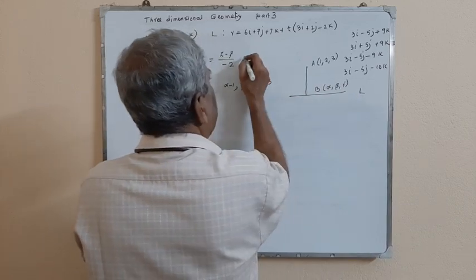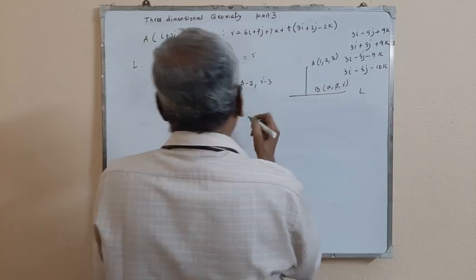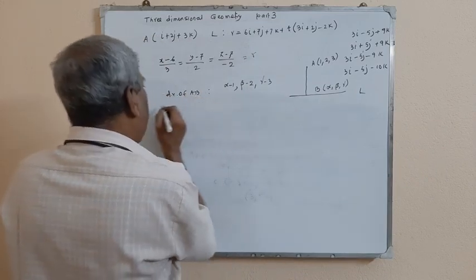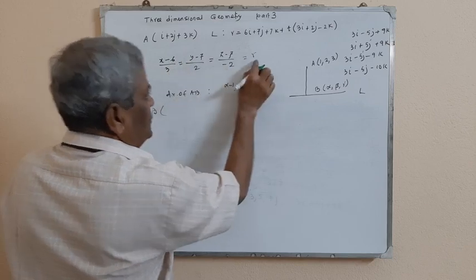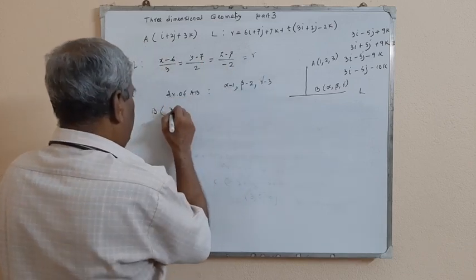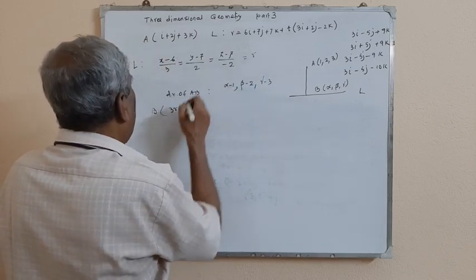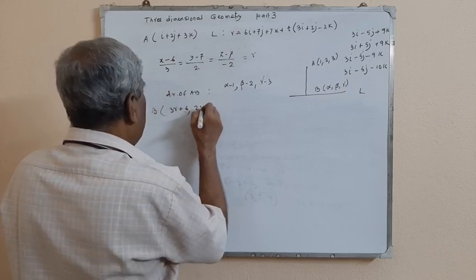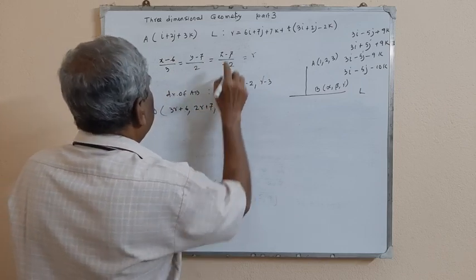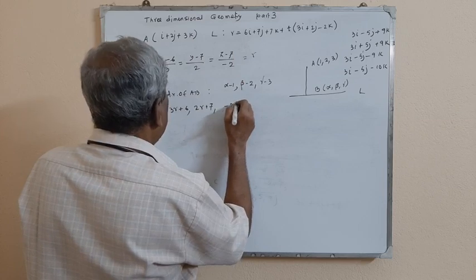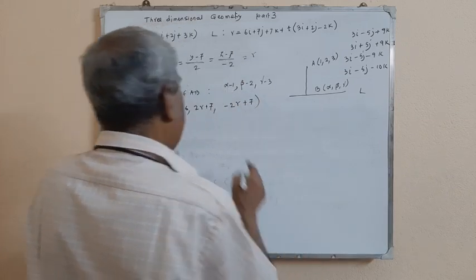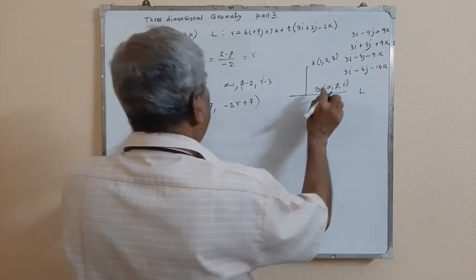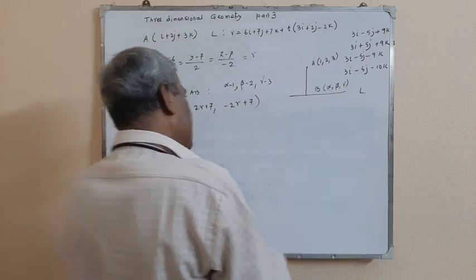So suppose this is R, therefore the coordinate of B is nothing but x coordinate is 3R plus 6, y coordinate is 2R plus 7, z coordinate is minus 2R plus 7. Okay, so this is the coordinate of B. We have to find it out.